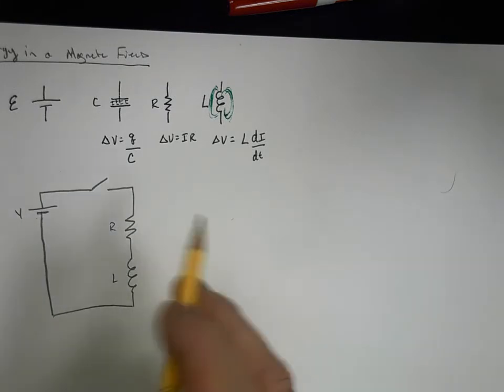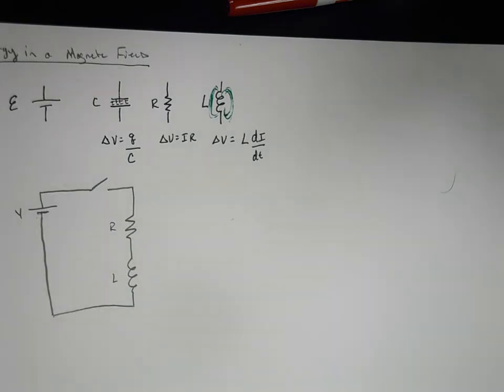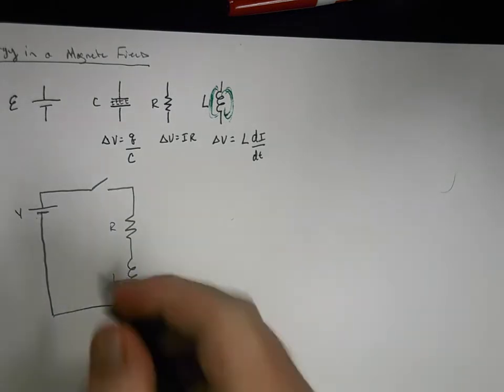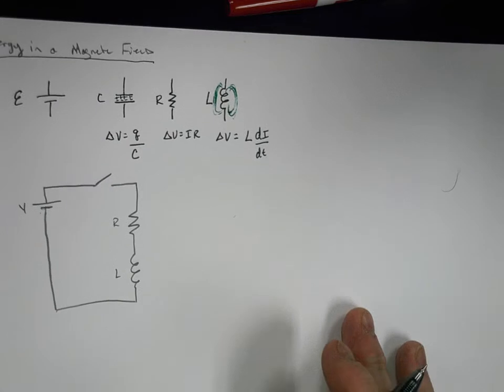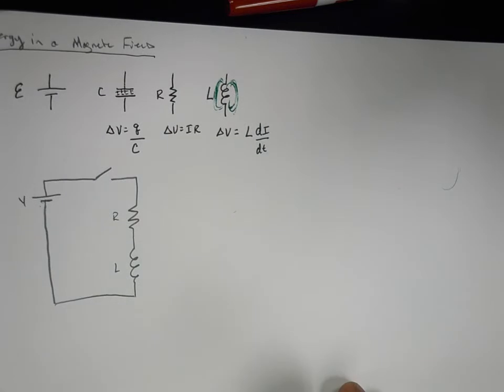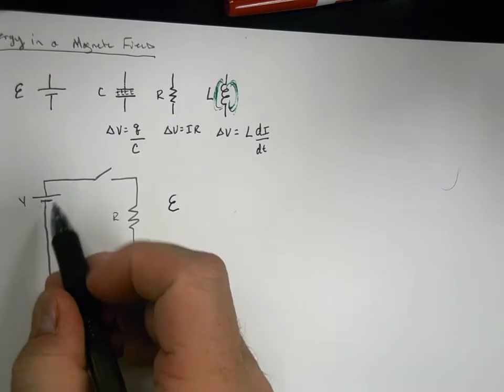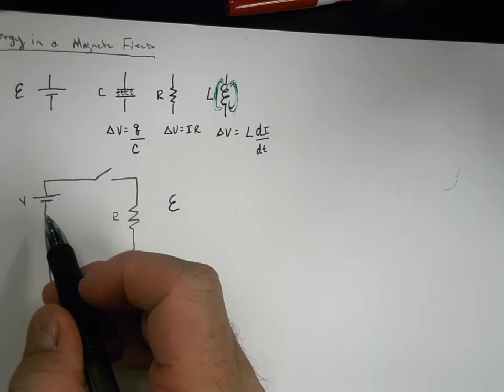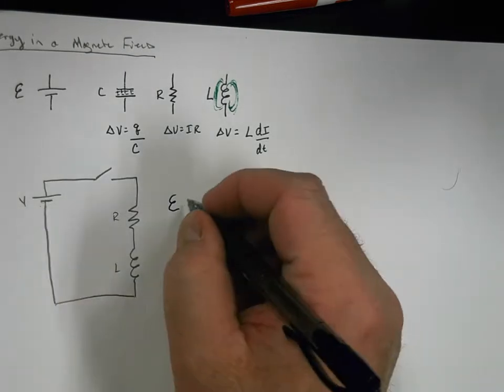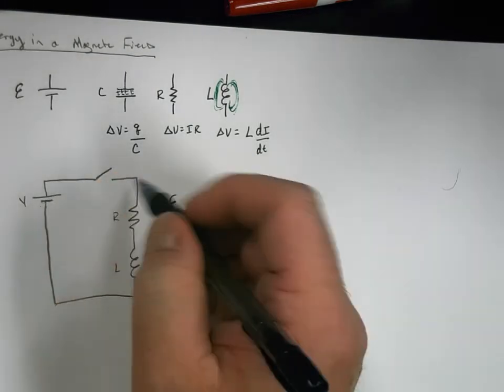And we've determined that as we do our voltage walk around our circuit here, this part here is actually going to be a net positive for our voltage, as long as the switch is closed.